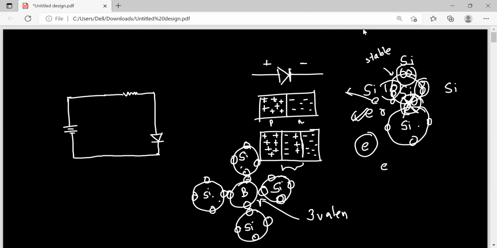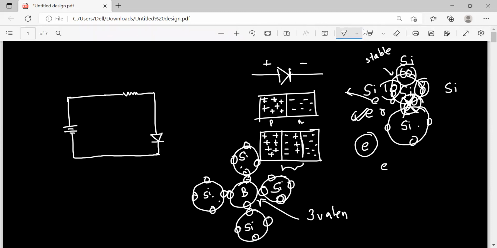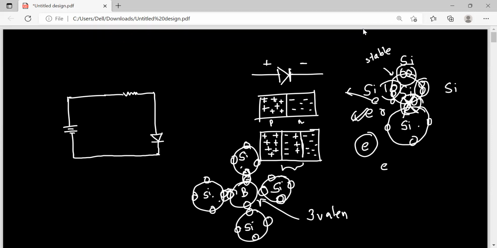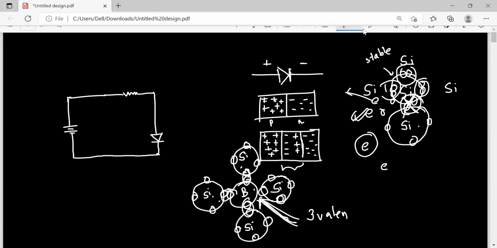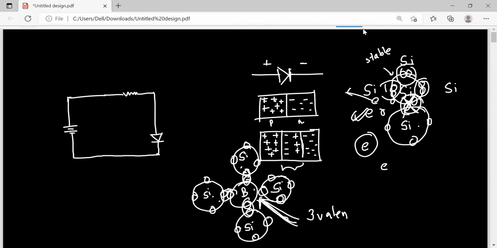But if there are only 3 valence electrons for boron, it's only going to make bonds with 3 silicon atoms. So in this position, there is no electron to make the bond with this silicon atom's electron.